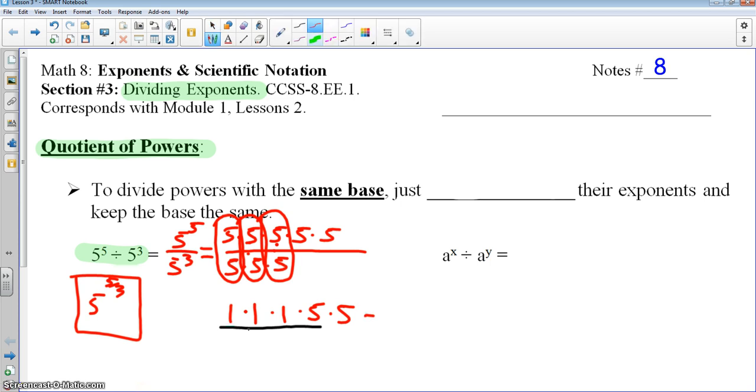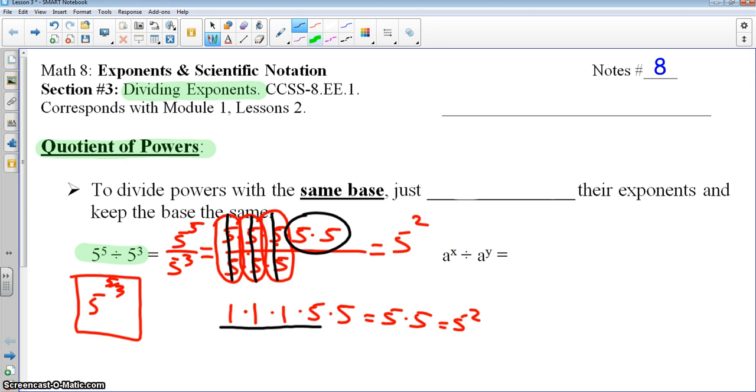So therefore, this really equals just 5 times 5. And if we were going to put that in exponential form, that would just end up being 5 squared. So all of this was just 5 to the 2nd power, because when you divide the same number by itself, it really just goes away. So therefore we had 2 5s left, so 5 squared.